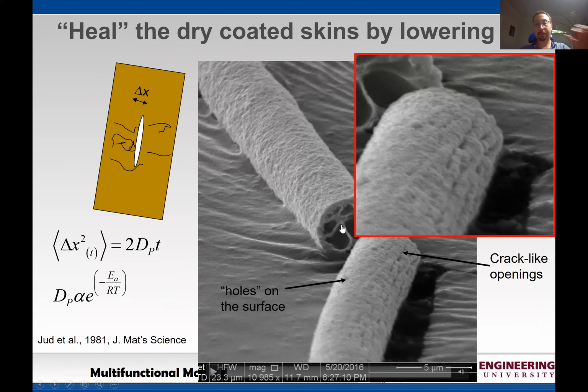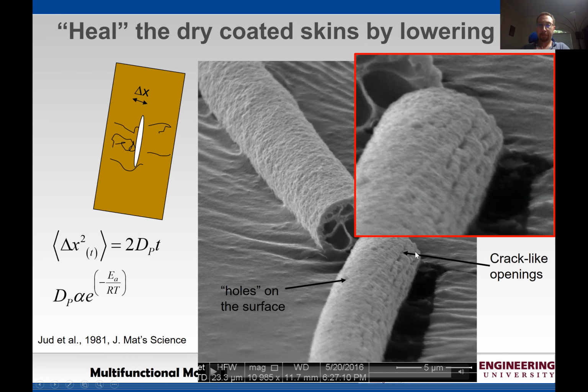Why we made those holes is a separate subject. But if you look on the surface, after we coated the polymer, the boundaries of the initial fiber are here that I'm showing you. When I coat it with another polymer, PMMA in this case, on the surface you see holes like this.